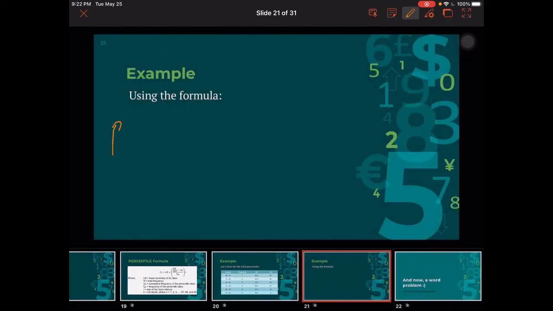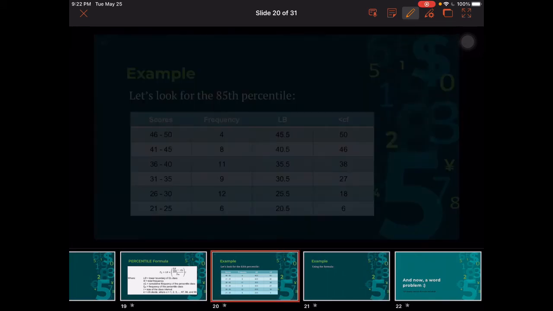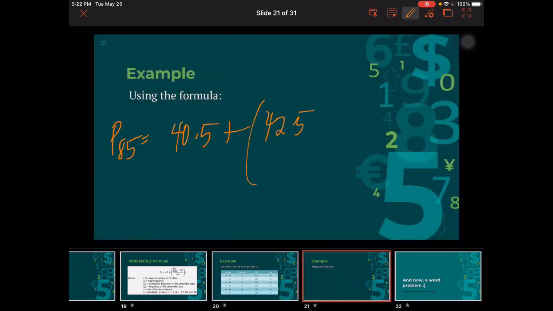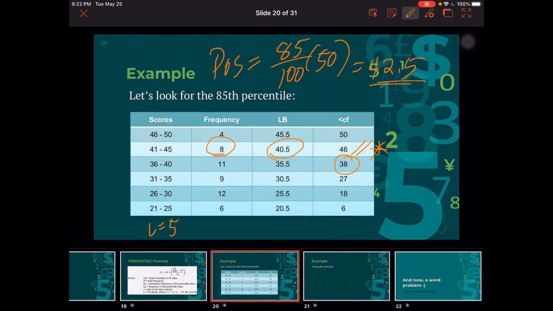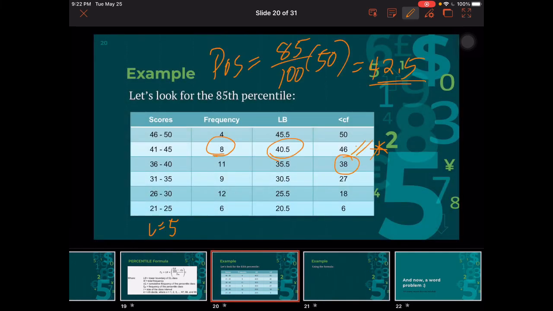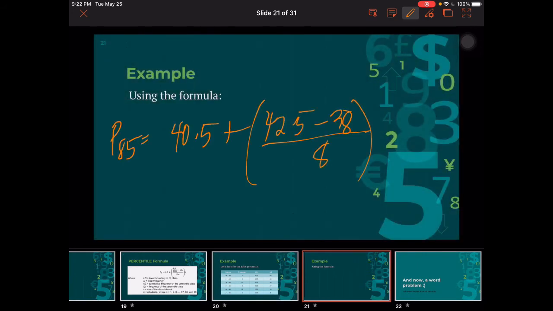So, let's start. 85th percentile, your lower boundary, plus the position, which is 42.5, minus cumulative frequency before of 38 divided by your frequency itself of 8 times class interval 5.